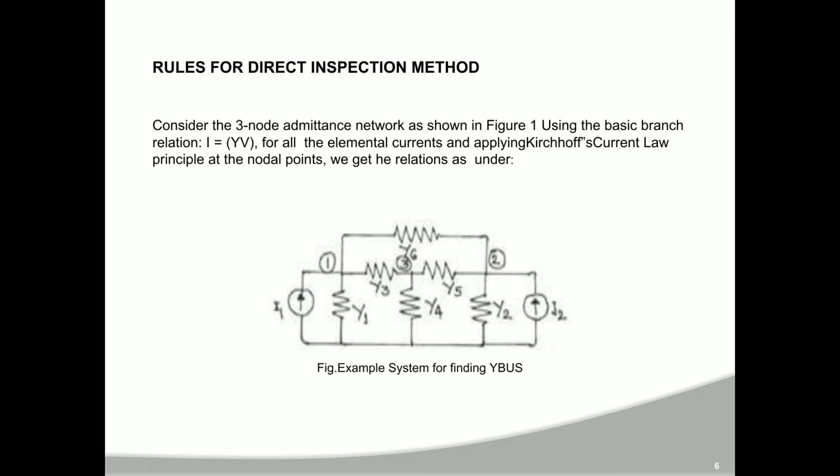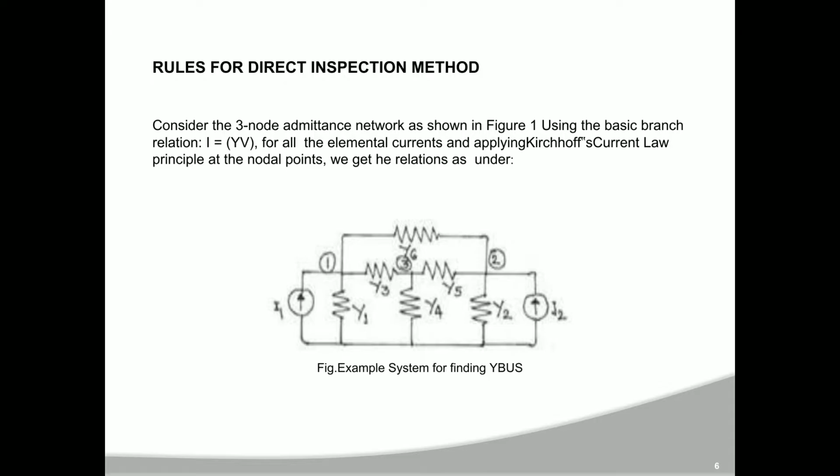Consider the 3-node admittance network as shown in the figure. Using the basic branch relation I equals YV for all the elemental currents and applying Kirchhoff's current law at the nodal points, we get the relations as under.